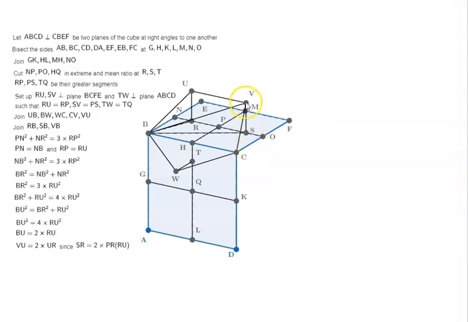Now VU is equal to 2 times UR because RP is equal to RU, PS is equal to SV.